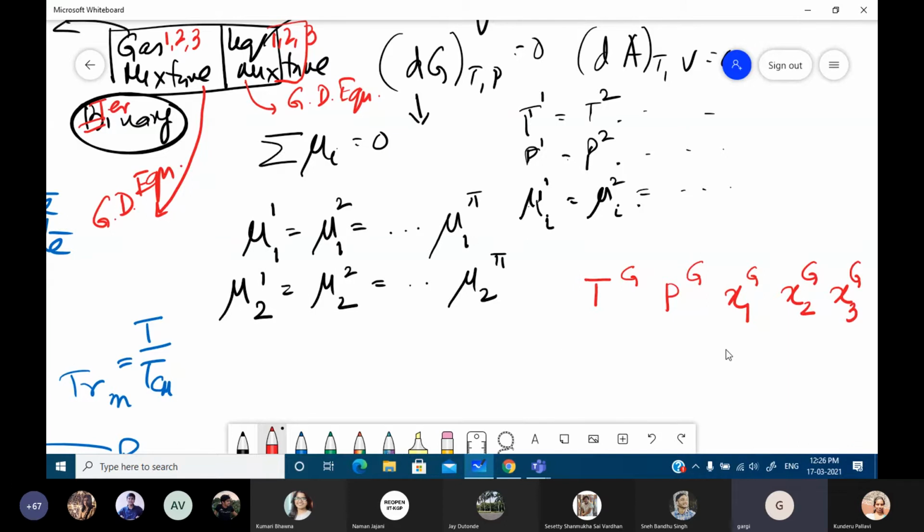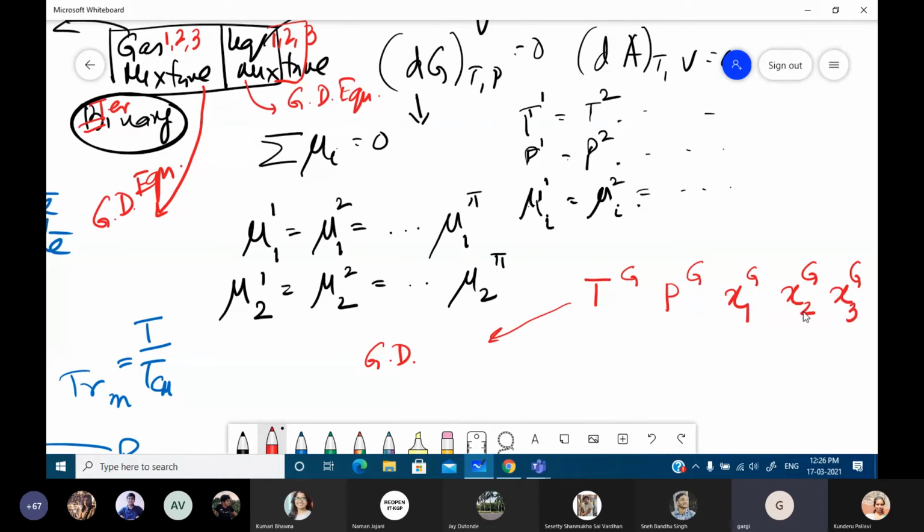Right? You need these many properties to completely define the gas phase. But out of this, there is a Gibbs-Duhem equation due to which if you know 1, 2, 3, 4 of these, the fifth property can be found out.